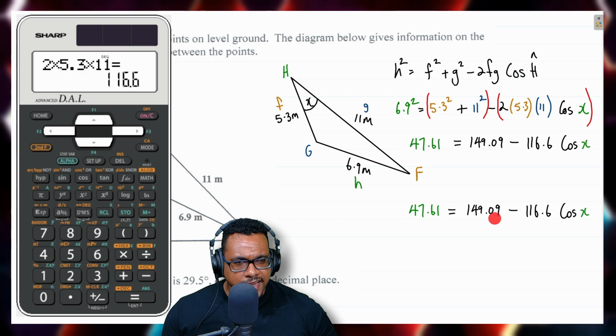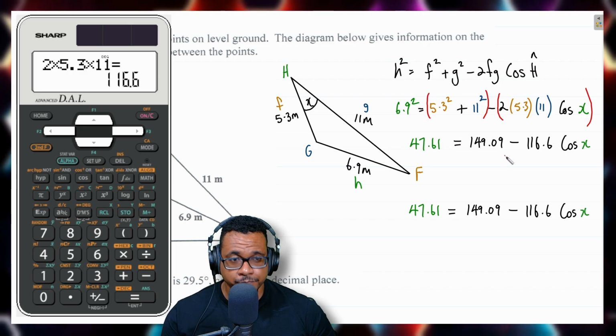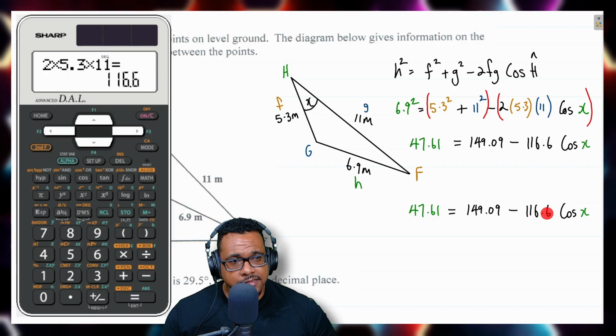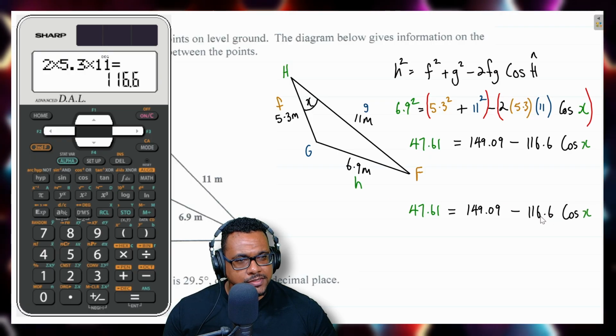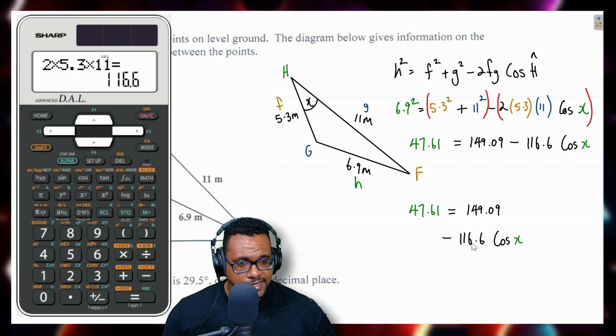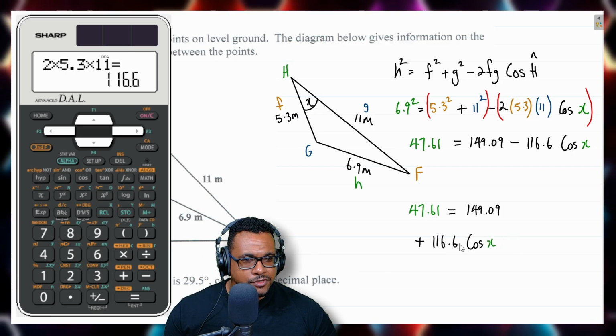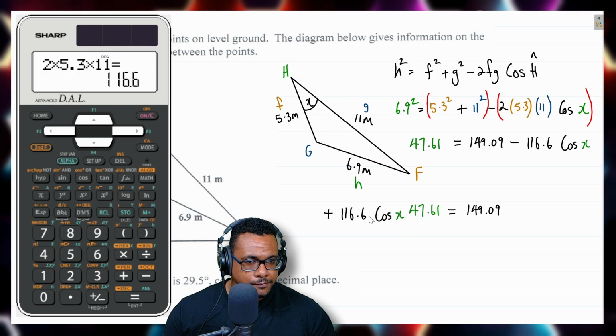All right, so this line here is the same thing that I have up here. I'm just going to do the transferring to show you. So when I take this negative 116.6 cosine x and transfer it across the equal sign, this negative sign will change to a positive sign. So I'm just going to bring that here.